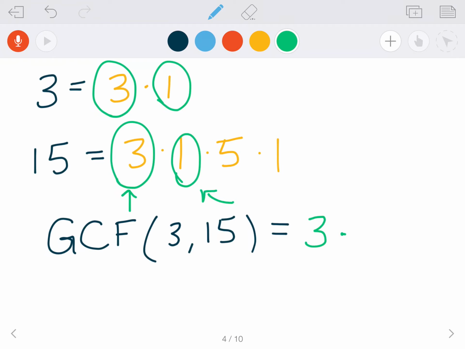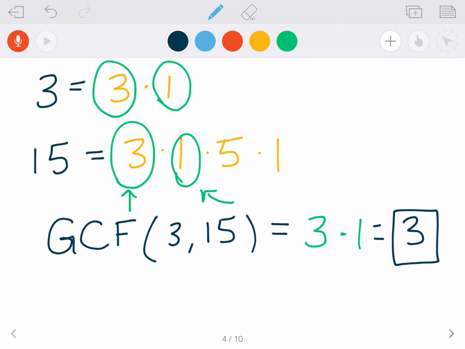Here's a pair of numbers. What is the number in common? It's 1. So 3 times 1 equals 3. Therefore, 3 is the GCF of 3 and 15. In other words, 3 is the biggest number that goes into both 3 and 15.